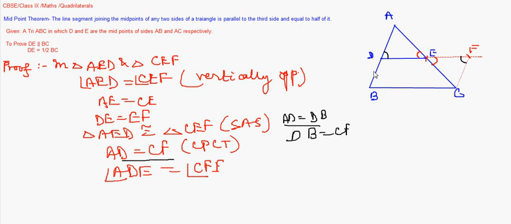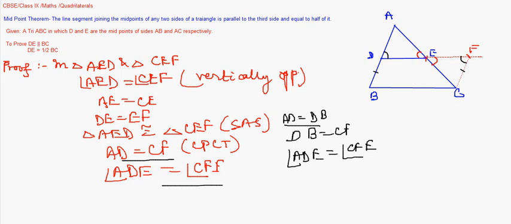Now angles ADE and CFE are equal. If you see, they make alternate angles, aren't they? Yes, they are making alternate angles, thereby making AD parallel to FC.